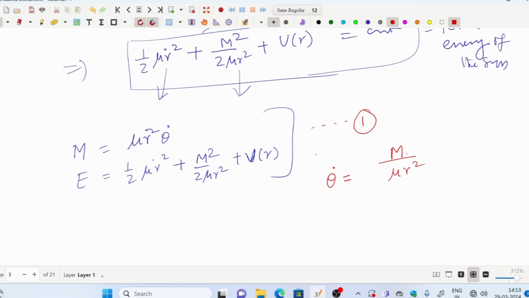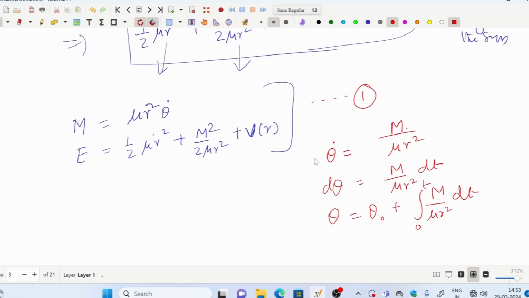So if we integrate, d theta will be m over mu r square dt, and integrating, you will get theta equal to theta naught plus the integral of m over mu r square dt, from 0 to some time t. Okay, so this is the equation. We will simplify this equation further.